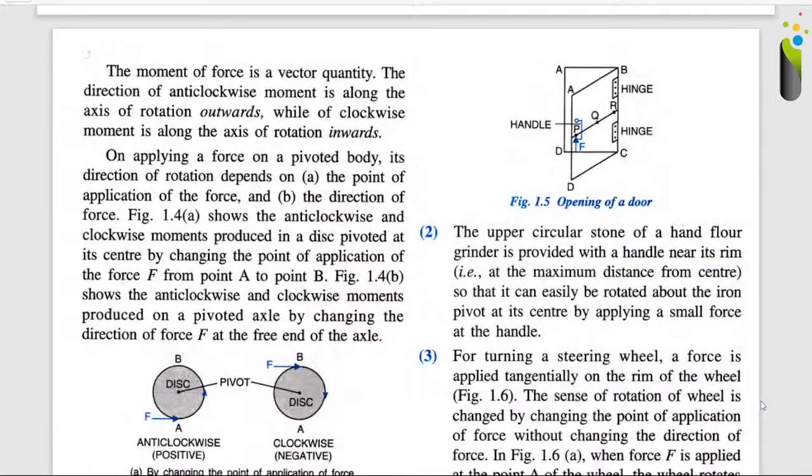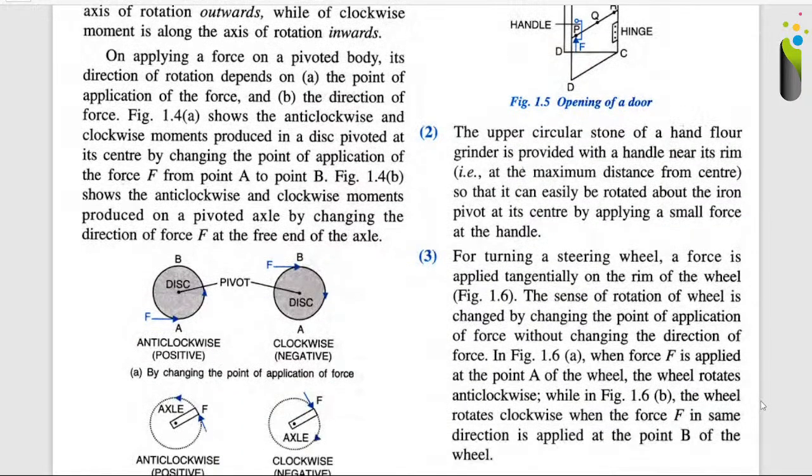Coming to the next, the moment of force is a vector quantity. The direction of anti-clockwise moment is along the axis of rotation outwards, while a clockwise moment is along the axis of rotation inwards. On applying the force on a pivoted body, its direction of rotation depends on, first, the point of application of the force, and second, the direction of the force.